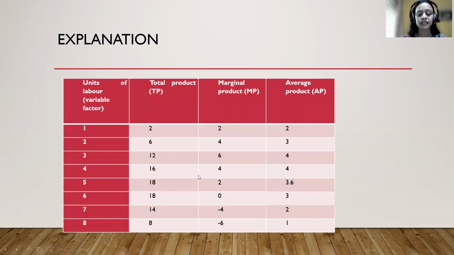It becomes constant at 6 units of labor and then it starts to diminish. Marginal product also increases initially and then it becomes maximum, starts to diminish, becomes 0 and then it becomes negative. Average product increases, then becomes constant and then it starts to diminish.